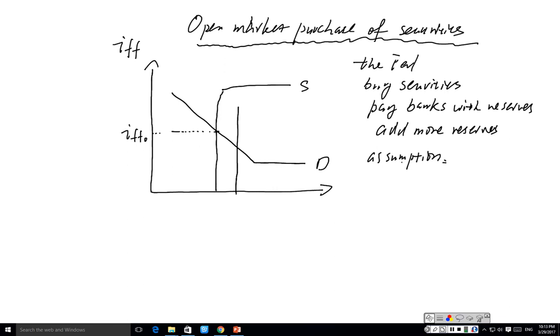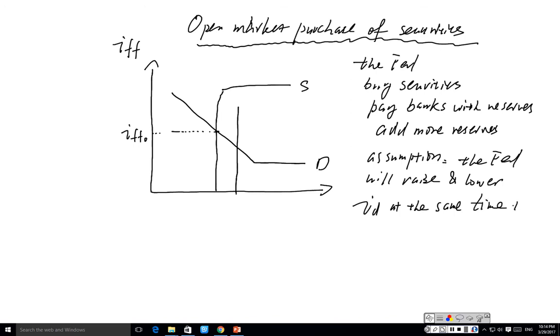So the assumption here is the Fed will raise and lower the discount rate i_D at the same time that it raises and lowers the federal funds rate.